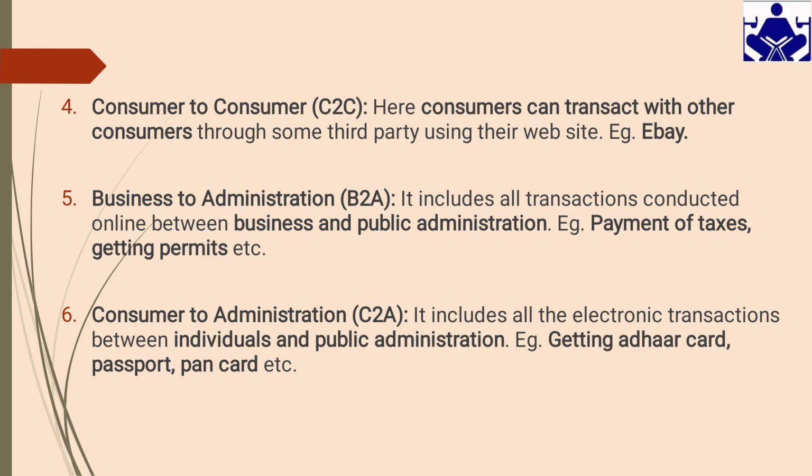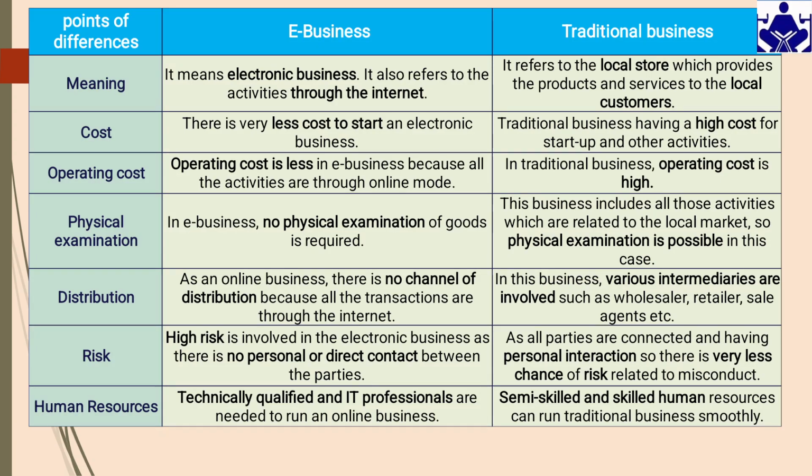For example, getting Aadhaar card, passport, PAN card, etc. That means we, the general public, whenever we use any government portal or website, come under C to A, consumer to administration. So these are the different ways of conducting e-business.